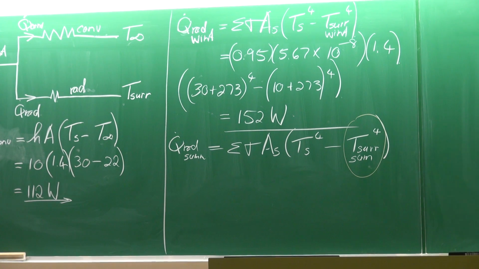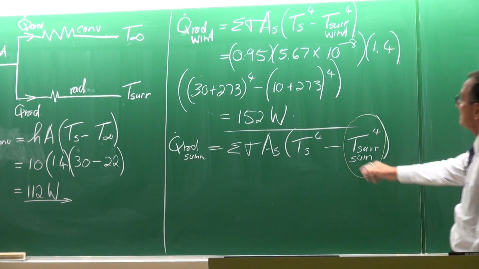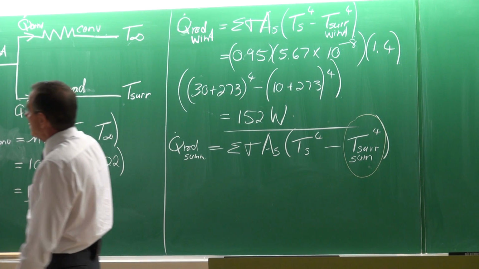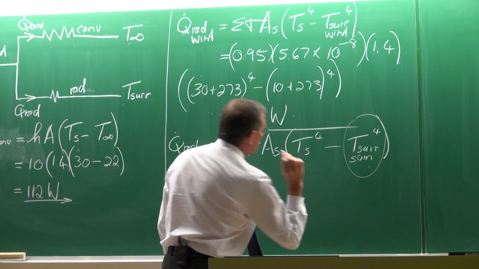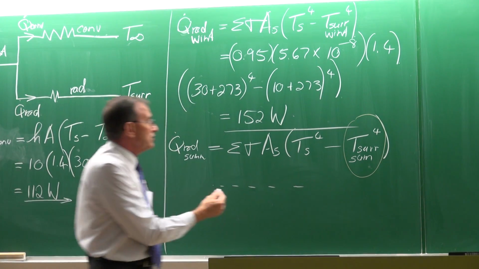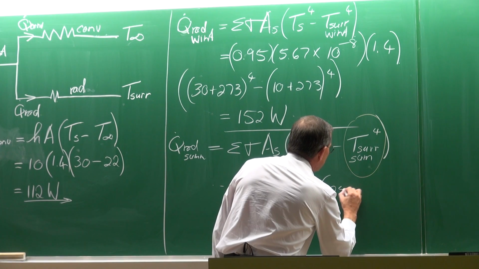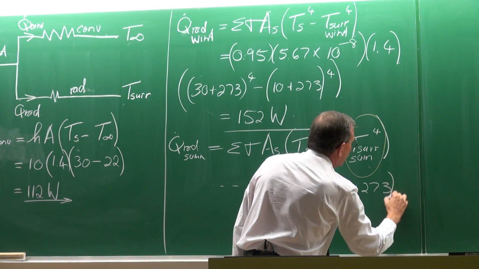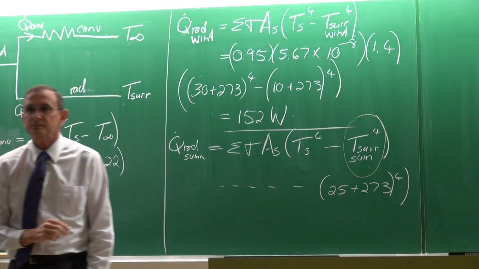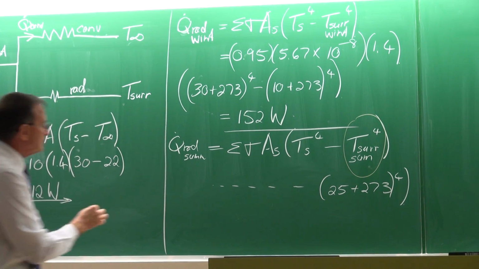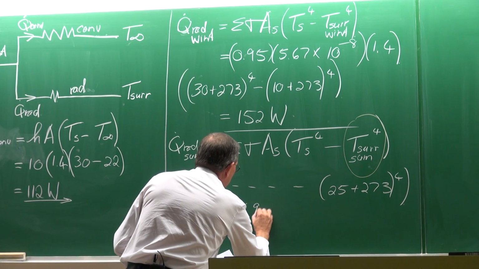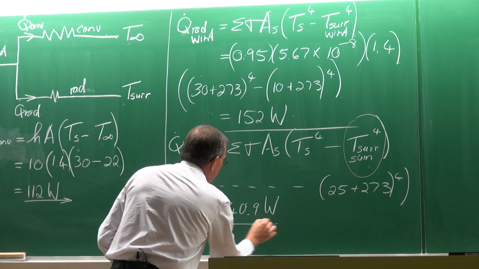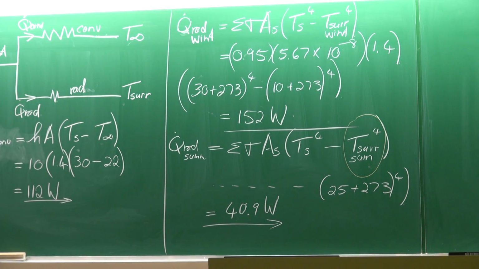You see, in winter it is at 10 degrees, and in summer it is at 25. So you need to write down all those temperatures, and now we're going to have 25 plus 273 to the fourth as the last term. Quite sure I do not have to write it out for you, all of it. It's very simple. And now you can go and calculate the radiation heat transfer rate in summer, which is 40.9 watts.